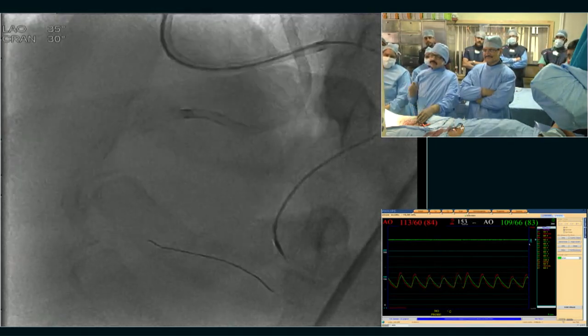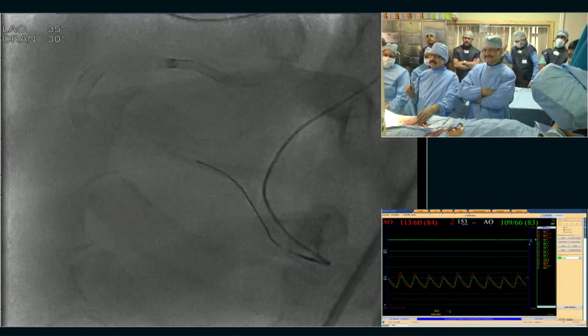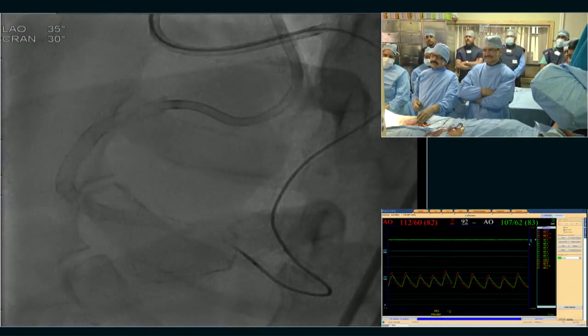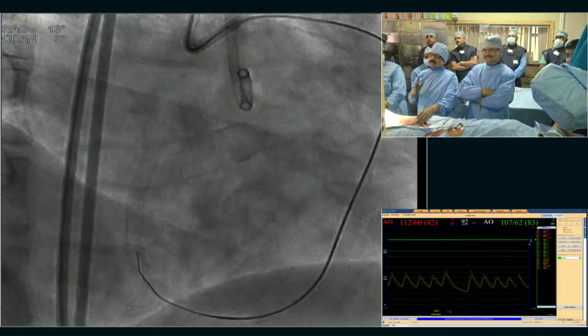We exchanged to a Gaia 1 for distal penetration, but Gaia 1, Gaia 2 and Gaia 3 could not penetrate the tissue.